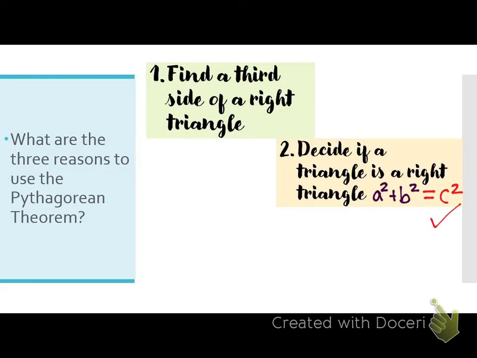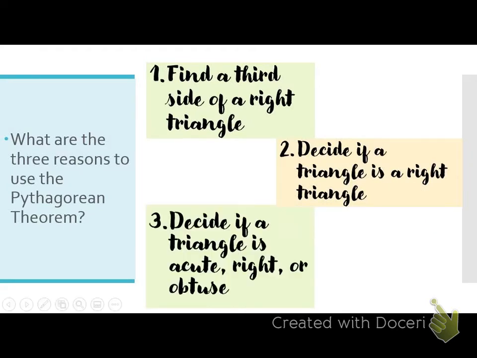Okay? The third way we use the Pythagorean Theorem is to decide if it is acute, right, or obtuse. So you can use the Pythagorean Theorem to decide if your triangle is acute, right, or obtuse. And you do a squared plus b squared, and you compare it to c squared.